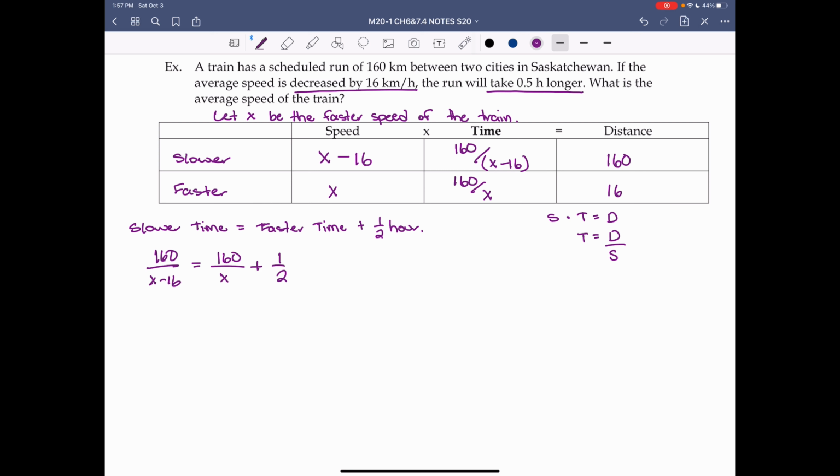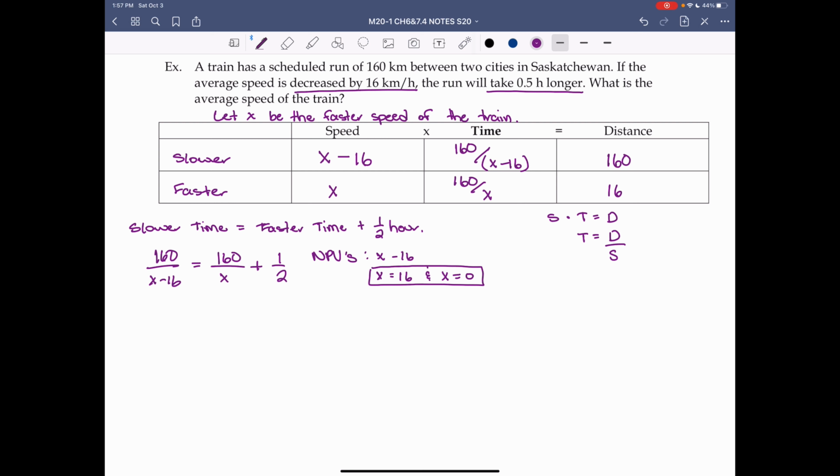There's our equation. Now we can solve it like we normally do, starting with what are our NPVs? We have x minus 16, so x equals 16 would be an NPV, and we have x on the bottom, so x equals 0 would be our NPVs.